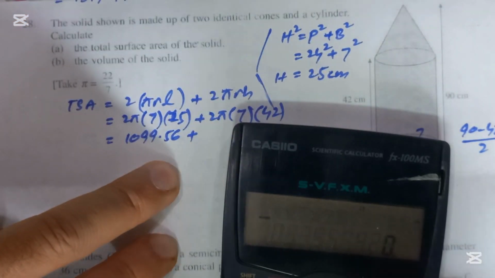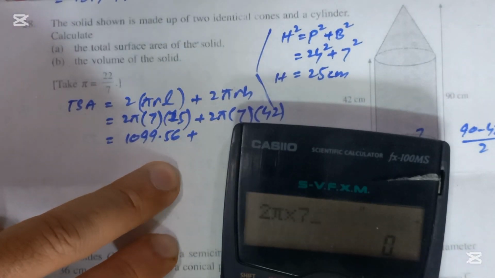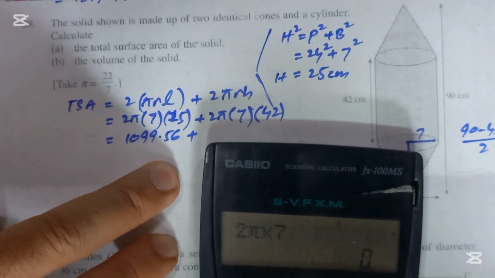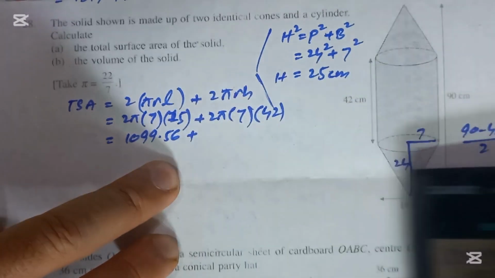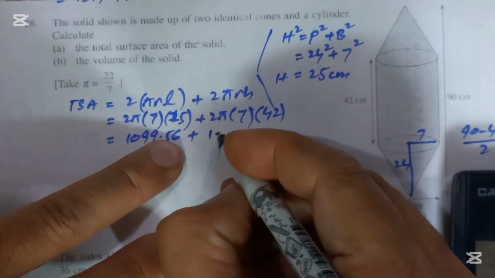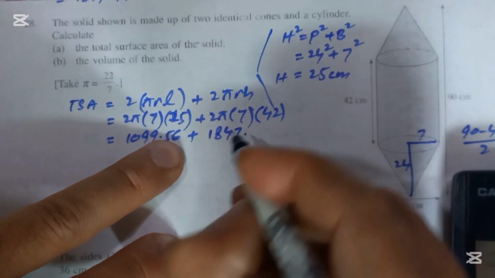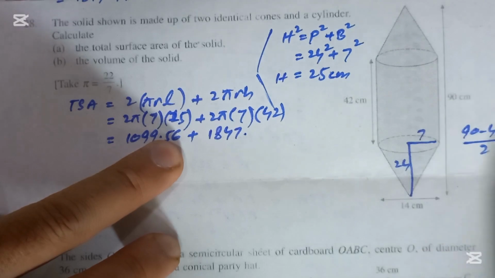2 pi into 7 multiplied by 42. Answer is 1847.26.